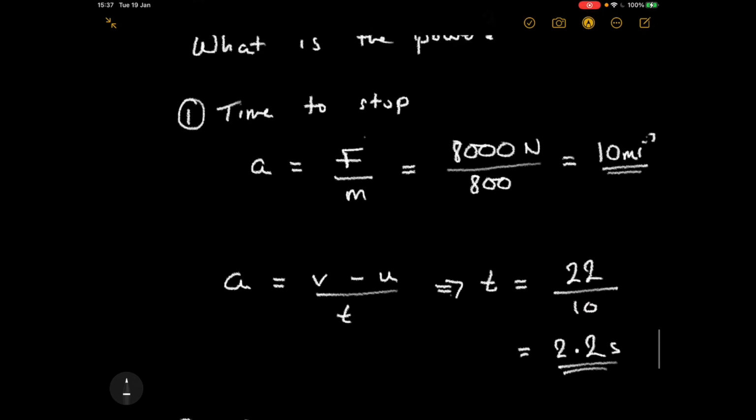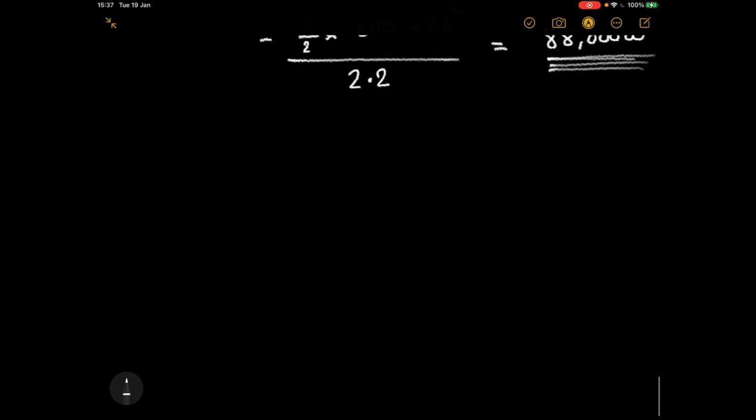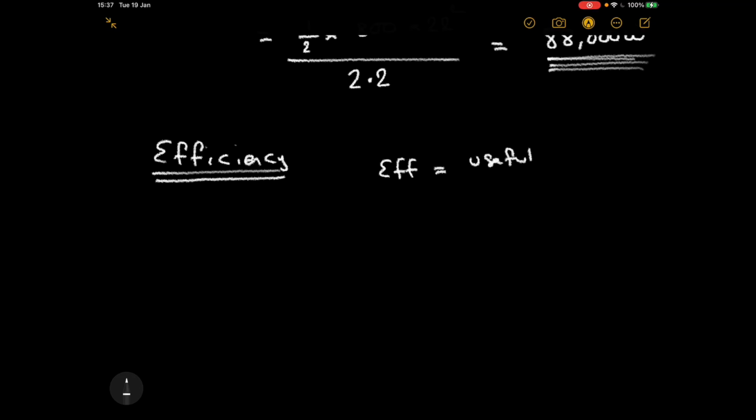Excellent. So let's move on to the final thing, just to touch base on. The second relationship that we're going to talk about here is efficiency. You might remember the GCSE equation is that efficiency is equal to useful output over total input.